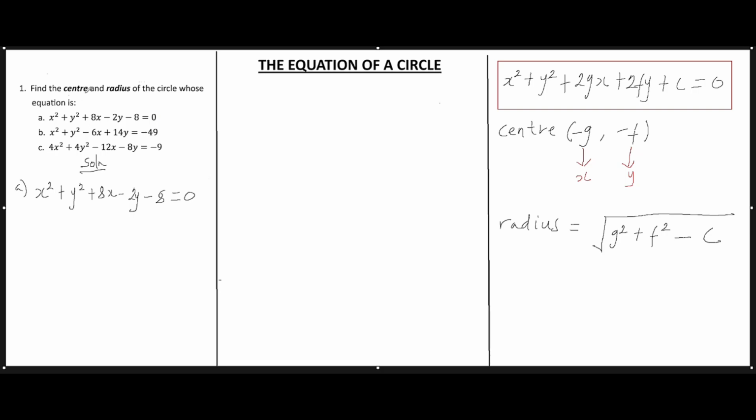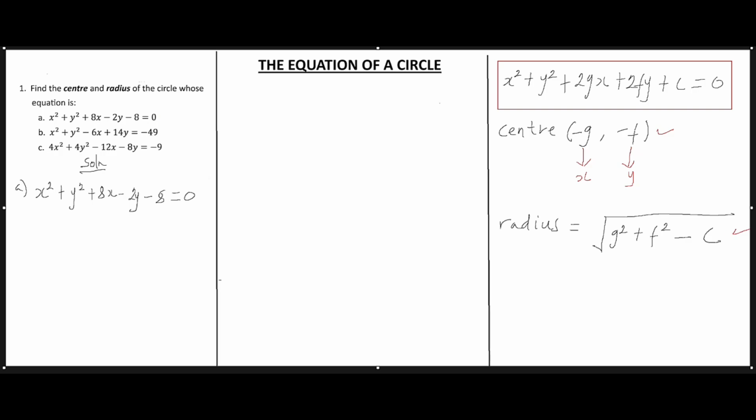Now, to find the center and radius of the circle, we need 3 things. The first thing is that we need the value of g, we need the value of f, we also need the value of the constant c. Then, with our formulas, we should be able to find the center and the radius.